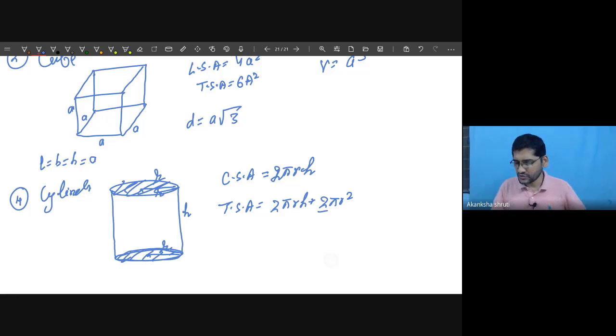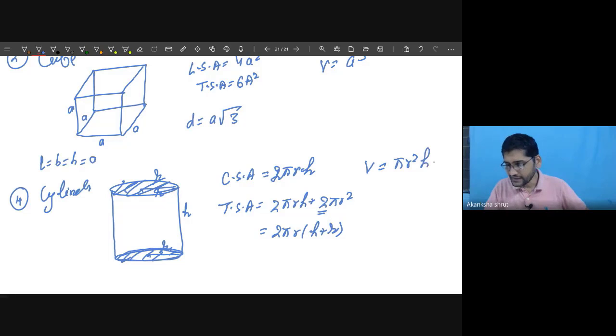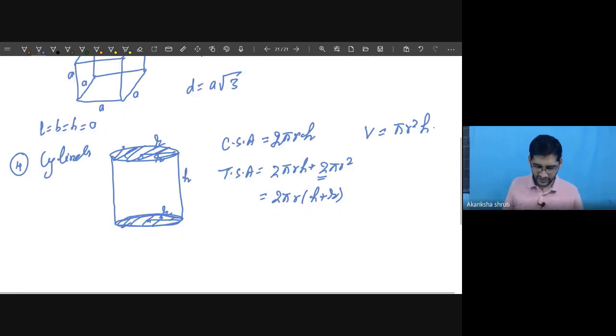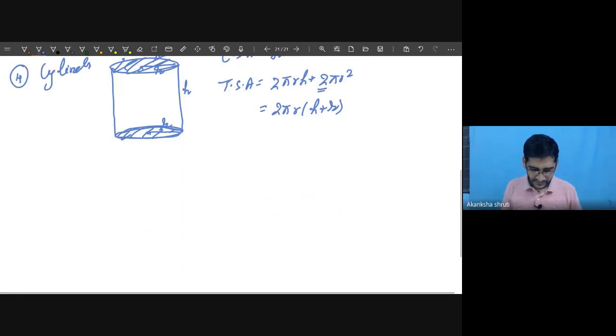That's why we have taken 2 times. The 2 pi R can be taken out, so it is 2 pi R into H plus R. And the volume is calculated by pi R square into H. That was the cylinder.